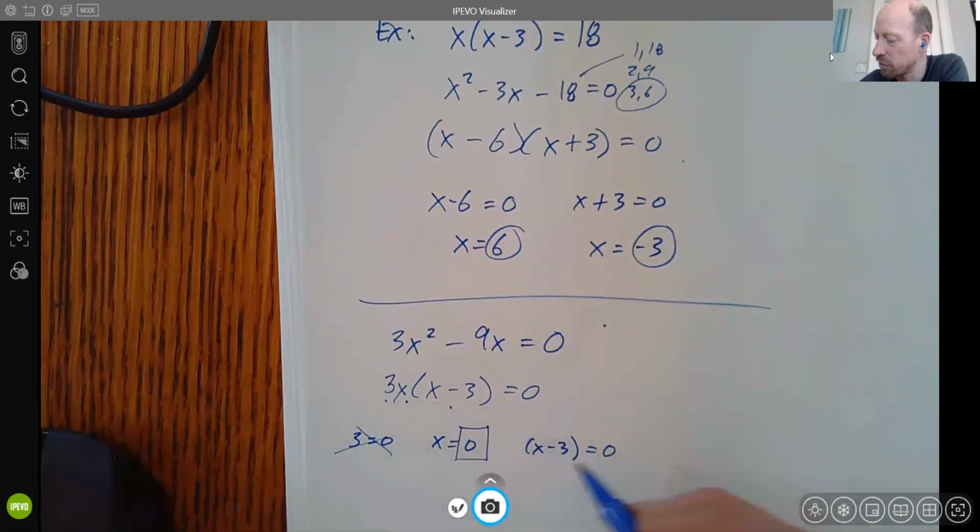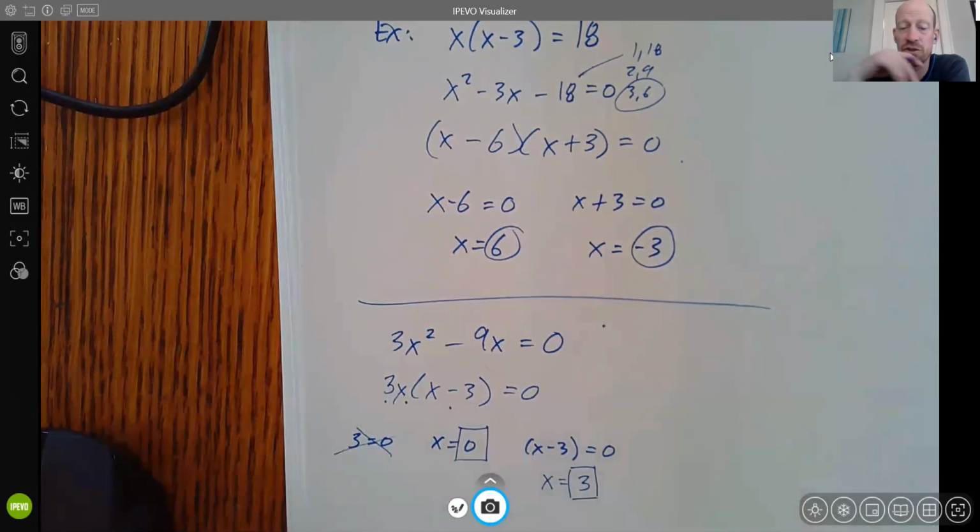So that's one answer. And then of course here is sort of more traditional, right? Which tells us that x equals 3. Questions on any of those problems?